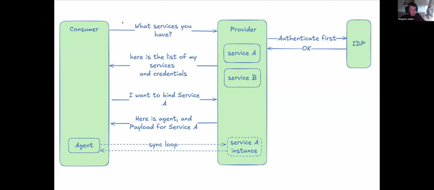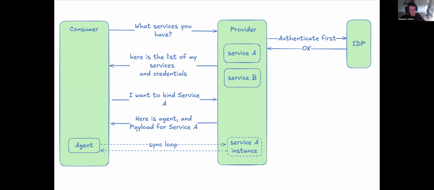How does this look? I'm going to show a demo in a second. As a consumer, there is a standard defined protocol which, at a high level, tells you what services you have. It returns a list of services and credentials, and you express intent to bind a service.